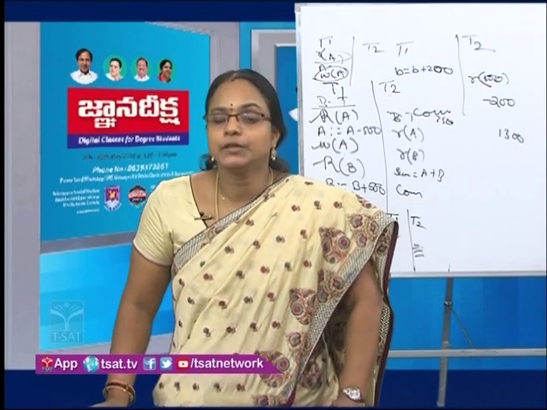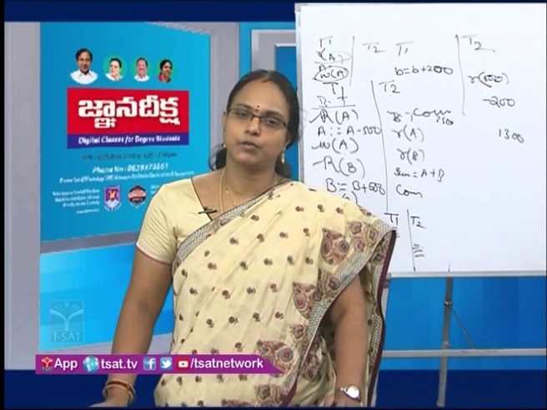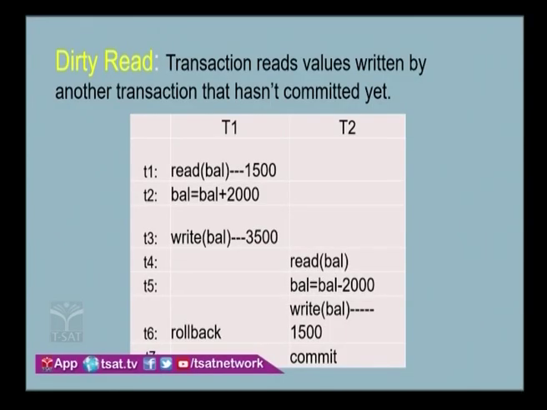Then, coming to the next slide, the dirty read problem. In the dirty read problem, the T1 transaction has not committed yet, but whatever changes it has made, it has written back to the database. Just see here: T1 has changed the balance by 2000 and the balance is 3500.